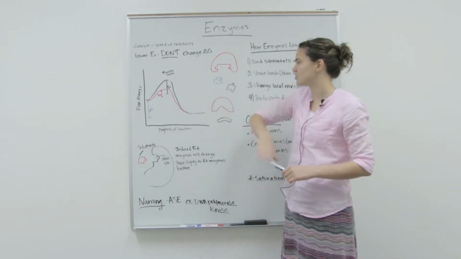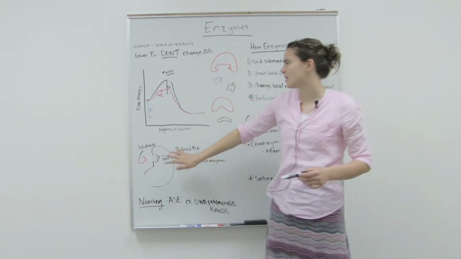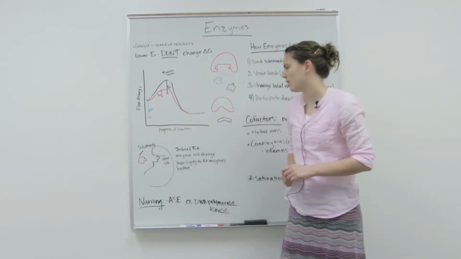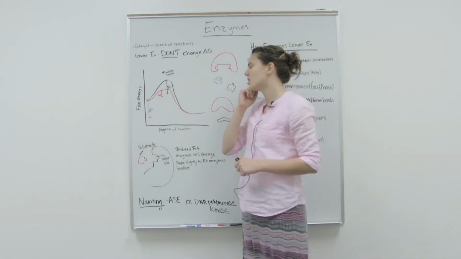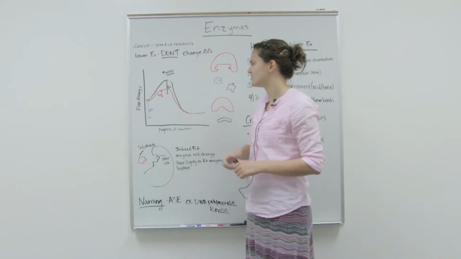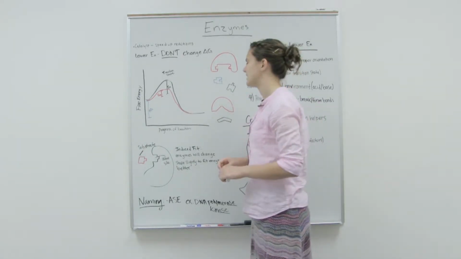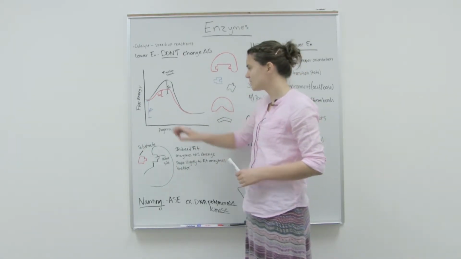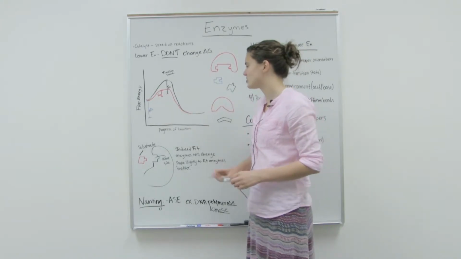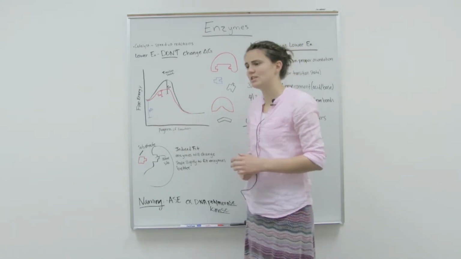Right here we have a graph showing the free energy versus the progress of the reaction. The black indicates the reaction without an enzyme, and the red indicates the reaction with an enzyme. You notice for both reactions that delta G is the same.